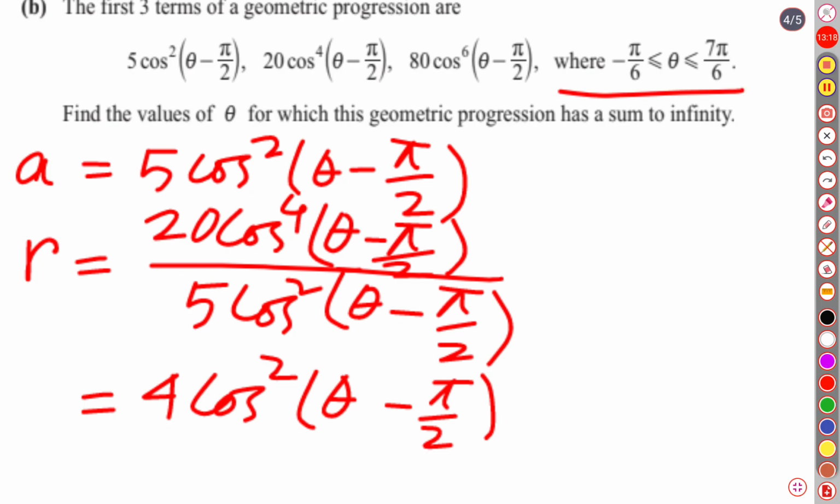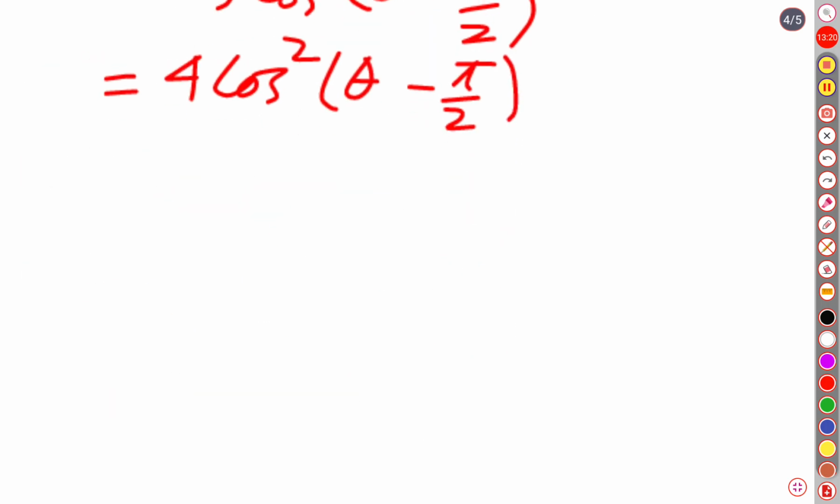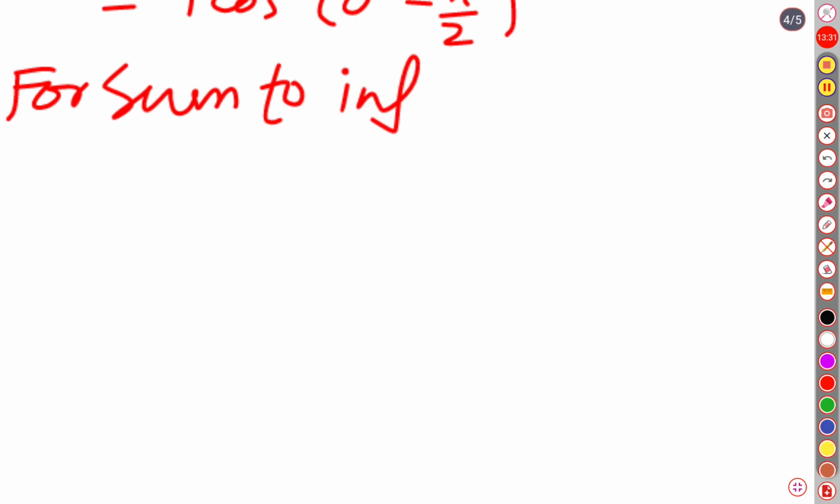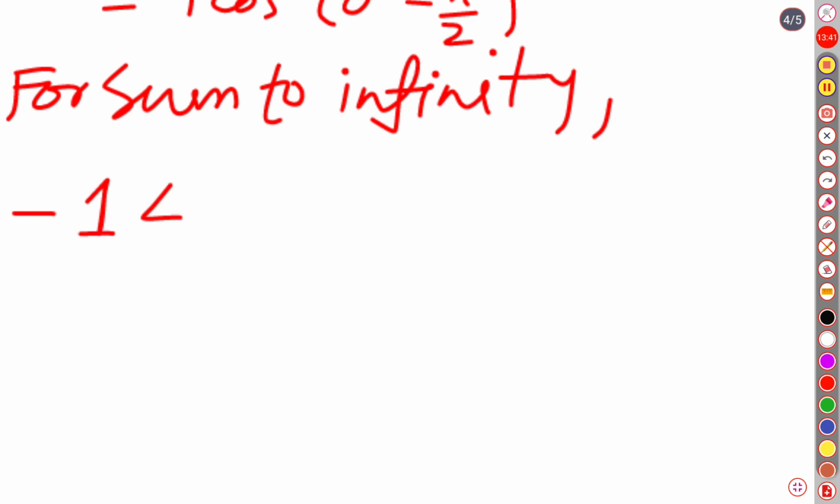Then they have told us to find the values of theta when the progression has a sum to infinity. For sum to infinity, we know the condition is that the common ratio will be from negative 1 until positive 1. This should be the range of the common ratio.